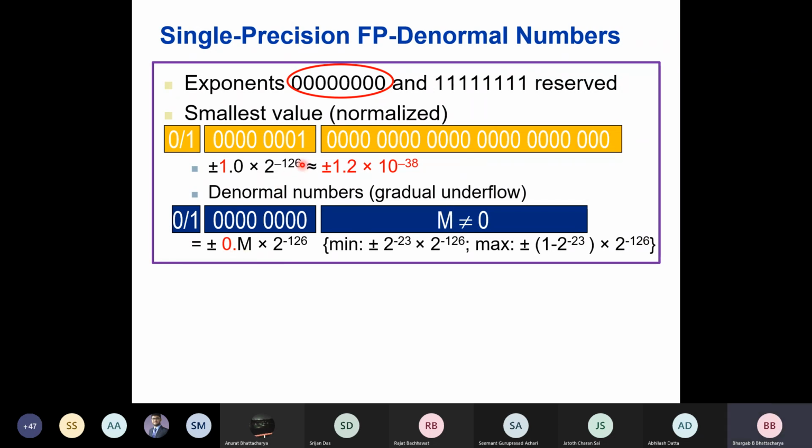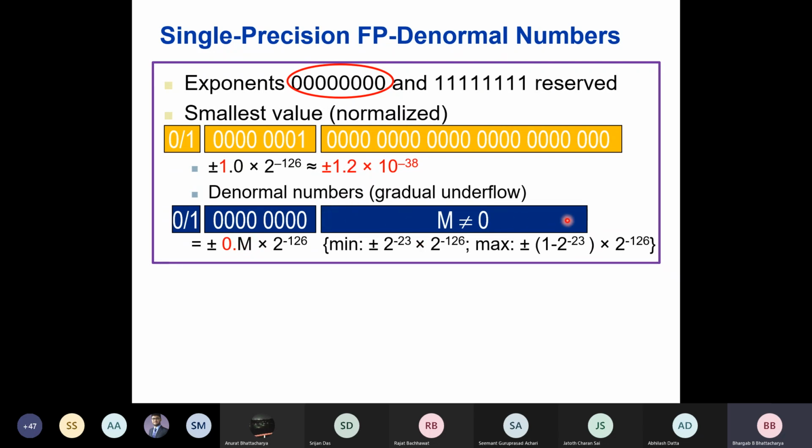See here, the smallest normalized number is 1 point m times 2 to the power minus 126, right? So this is even smaller than that. This is 0 point m times 2 to the power minus 126. That is fixed. The exponent is fixed, but this m could vary. So this is smaller than the smallest normalized representable number. And what could be the minimum value then? What is the minimum value of m?